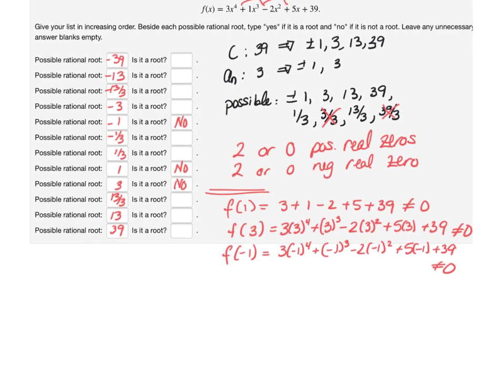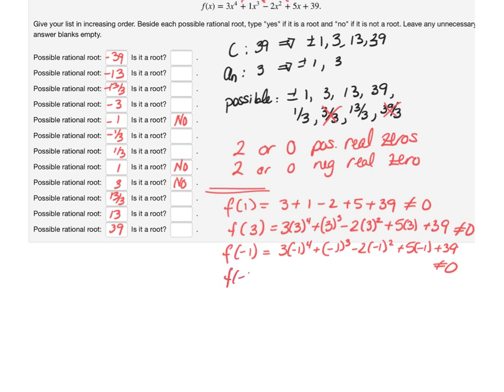And now I'm going to try f of negative 3, because remember, I'm trying to avoid those fractions. So f of negative 3, so I have 3 times negative 3 to the 4th, plus negative 3 cubed, minus 2 times negative 3 squared, plus 5 times negative 3, plus 39. Does that equal 0?